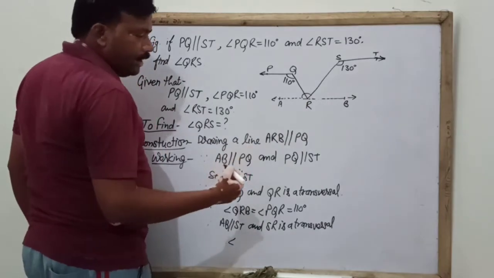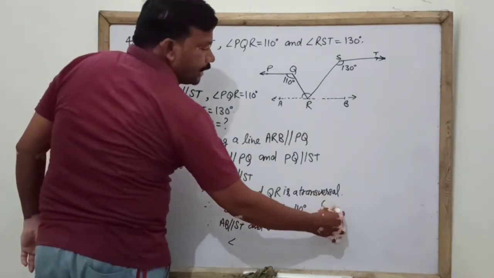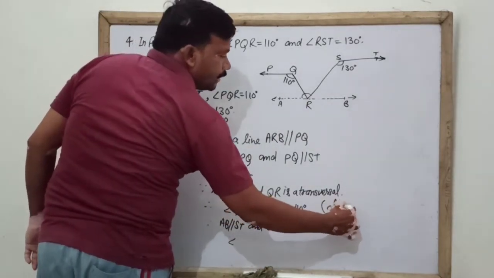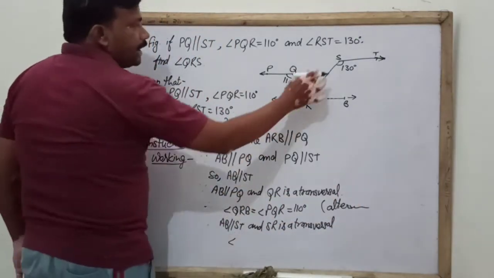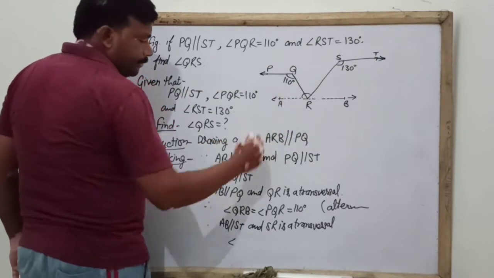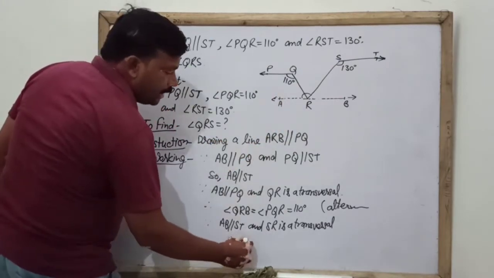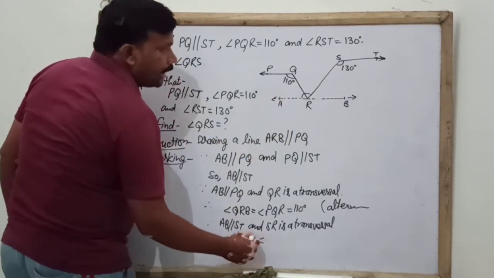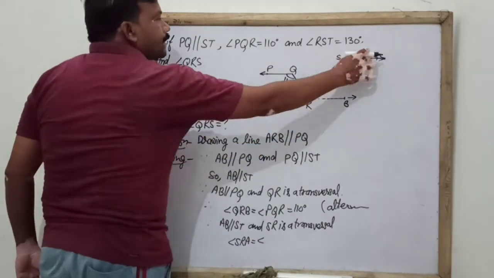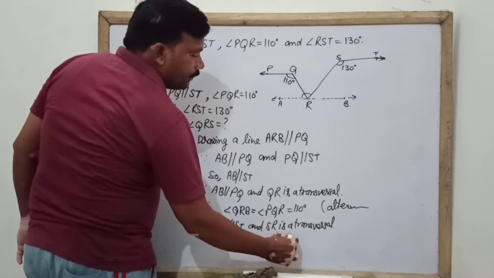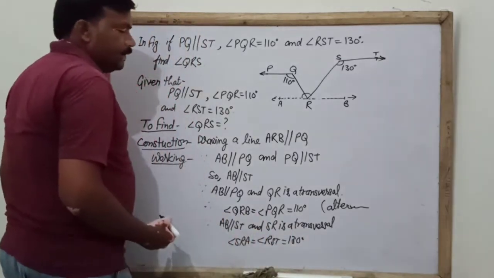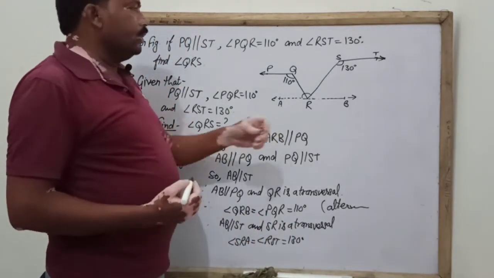These are also alternate interior angles. Here we can write angle SRA equal angle RST, which is 130 degree. We have found the values of these two angles.